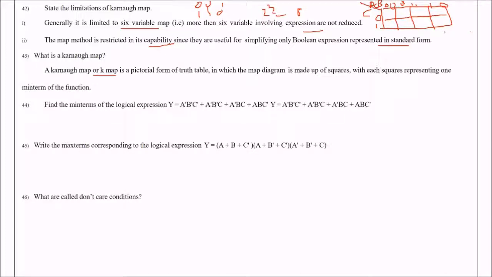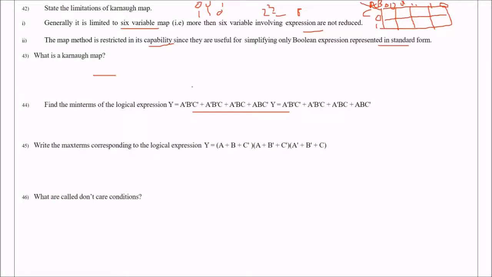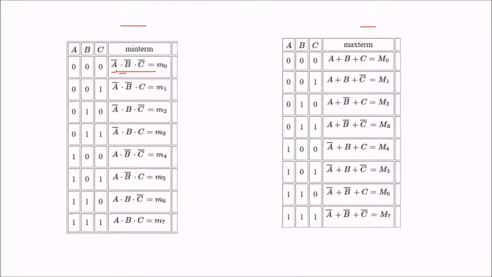So this map is made up of squares, as you can see, with each square representing one min term of the function. Then find the min terms of the logical expression. This is a logical expression: A dash B dash C dash plus A dash B dash C plus A dash B C plus A B C dash. So this, let me take you to this one, A dash B dash C dash. So this is M0.